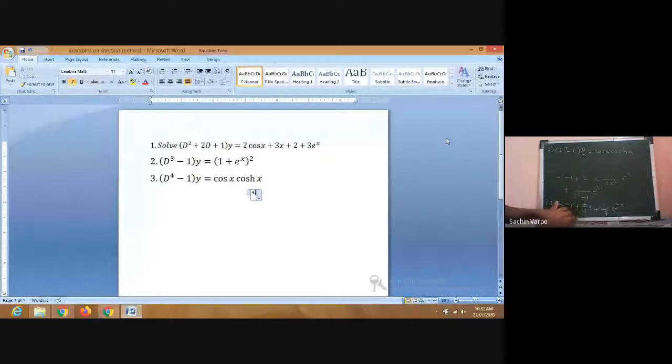Come on fast. Write the complementary function. What are the roots here?